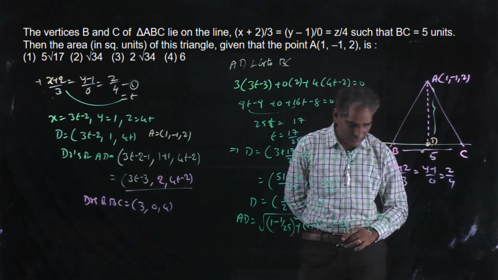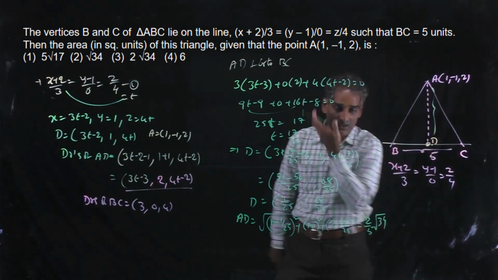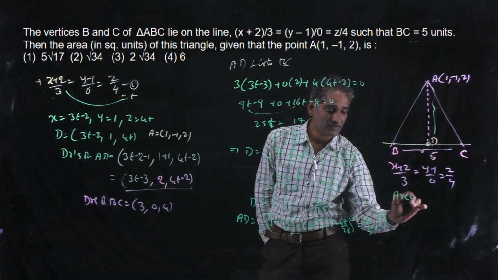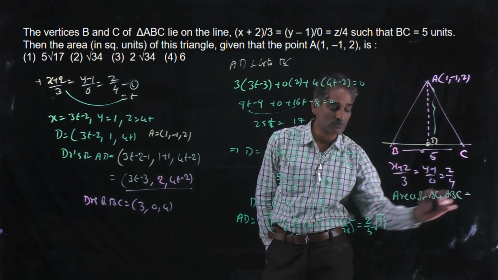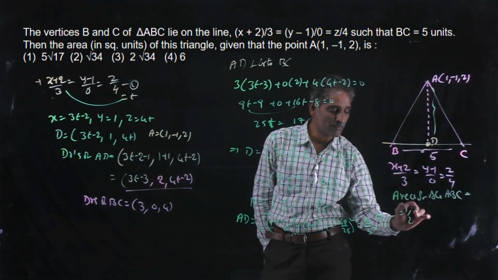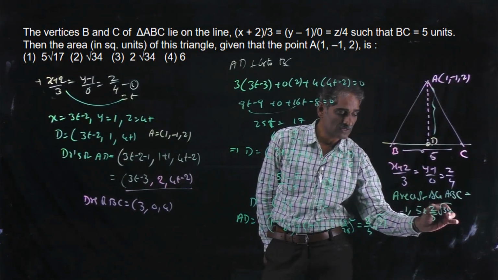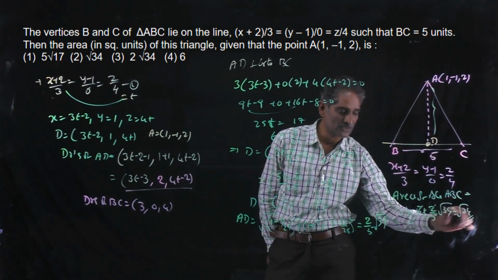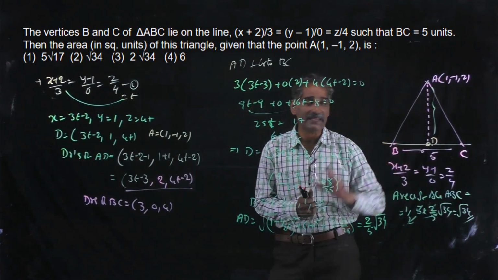This is the length of AD. You know the length of AD and the length of BC. Now the area of triangle ABC is equal to half into base into height, 5 into 2 by 5 into root 34. 5 gets cancelled, 2 gets cancelled. That is equal to root 34. Okay, this is the way to find the area of this triangle.